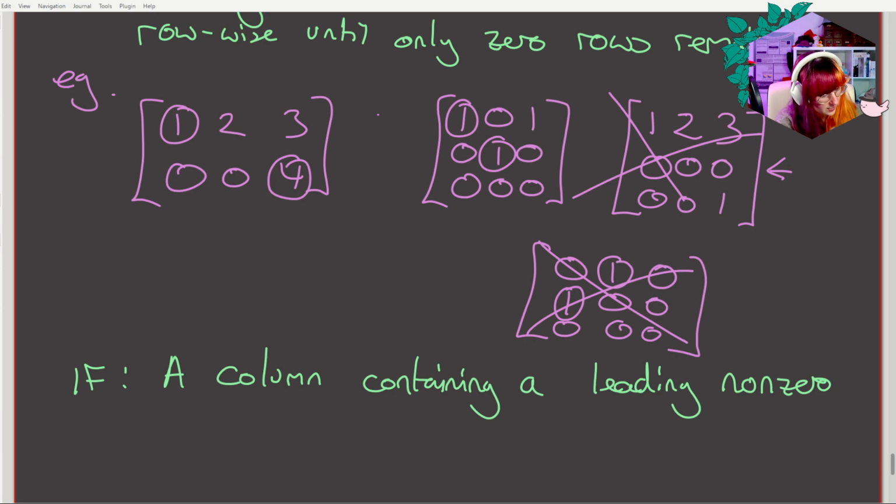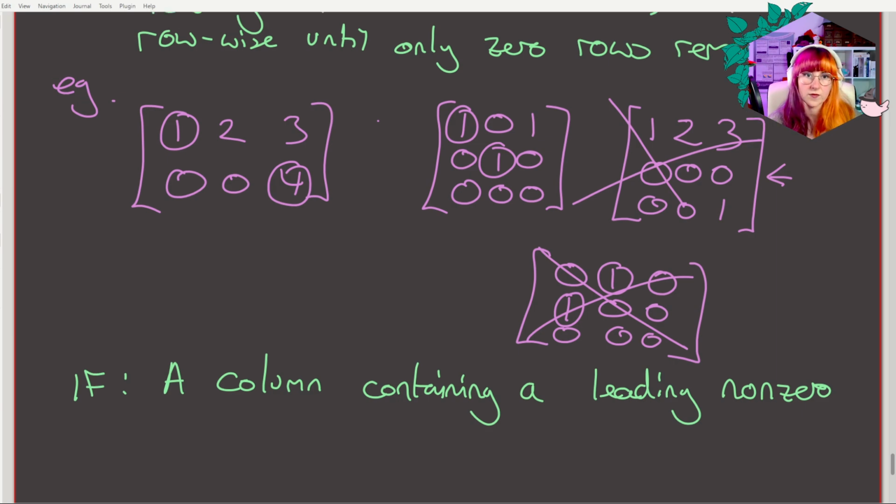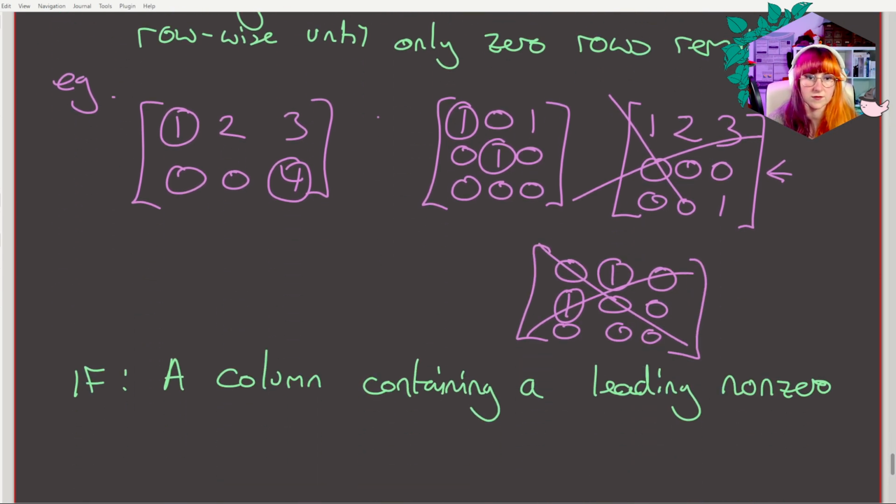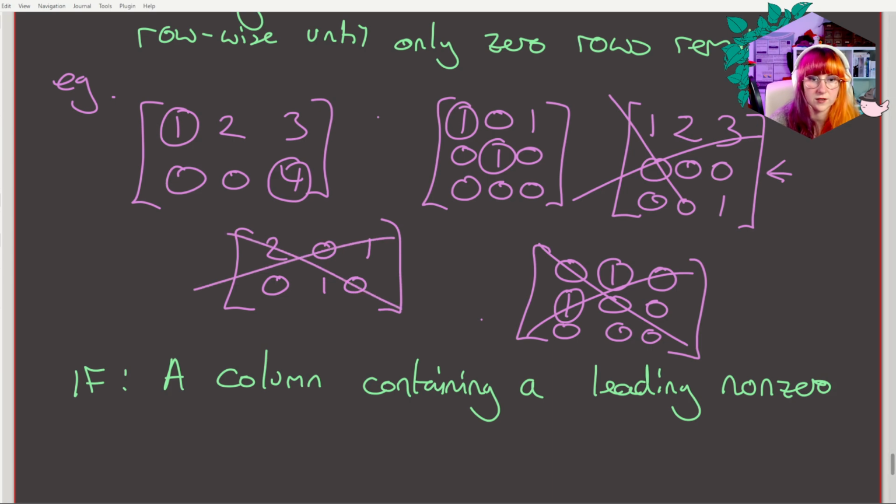It is a 1 and increases row-wise. So up here we have 2, 0, 1, 0, 1, 0. This is not in row echelon form because that has to be a 1.